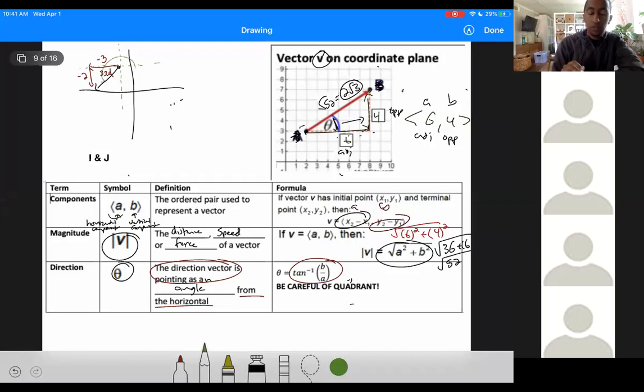And so your direction would be 213 degrees from the horizontal. That is how you would describe it. So you have to be very careful of the quadrant that you're in, because depending on the quadrant, it will determine whether or not you're adding 180. All right, any questions?